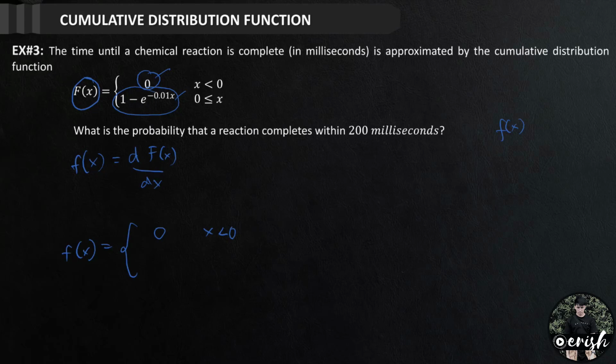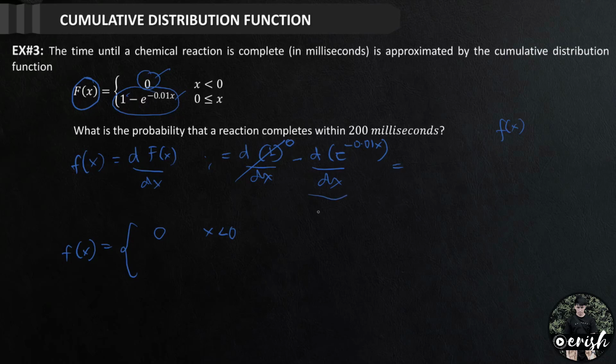And for the derivative of 1 minus e raised to negative 0.01x. So, this is derivative of 1 over dx, ito yon, minus a derivative of e raised to negative 0.01x over dx. So this is 0 na.